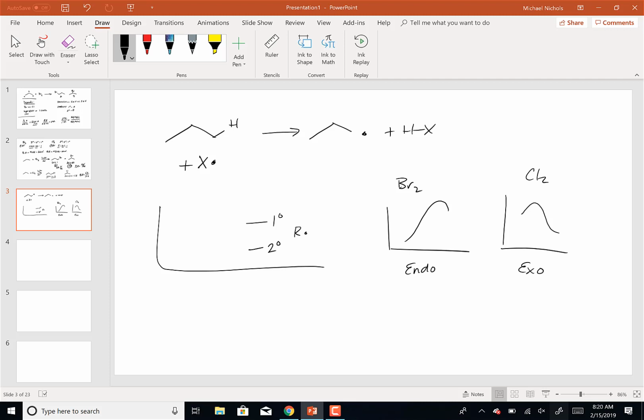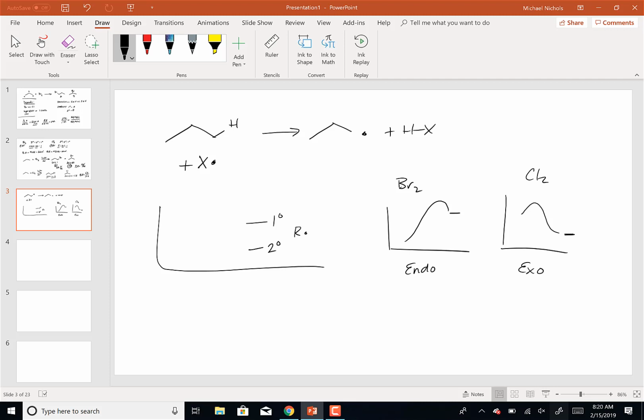Now, again, if you're saying I didn't draw these exactly right, because basically this energy and this energy should be the same for the radicals. So if you could imagine that that's the end point, one's going to be exothermic and one's going to be endothermic.